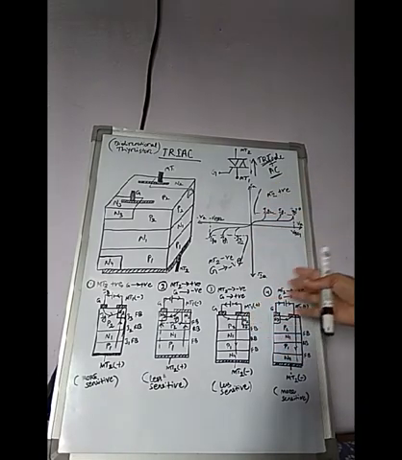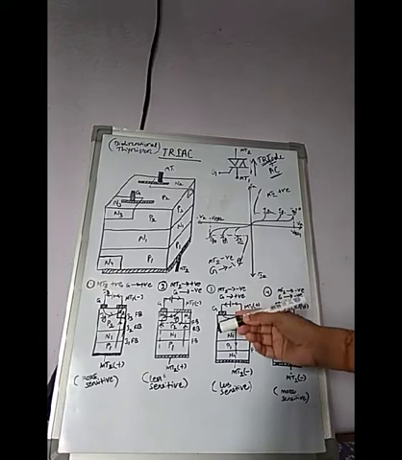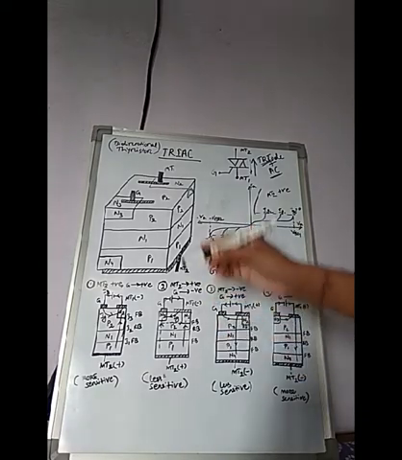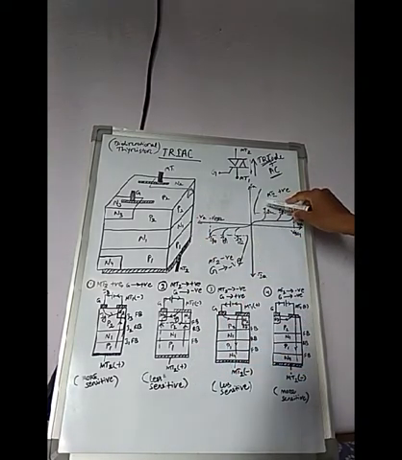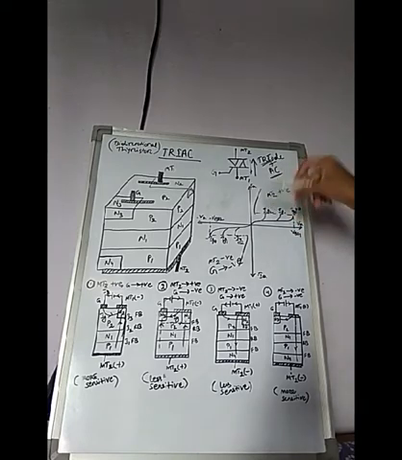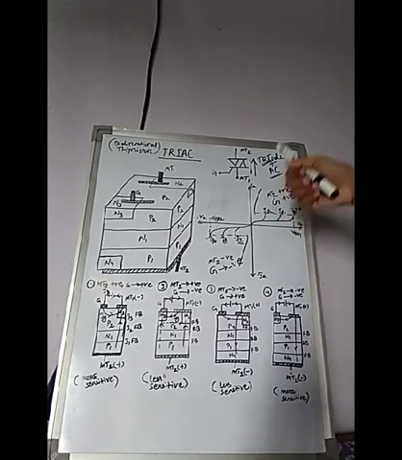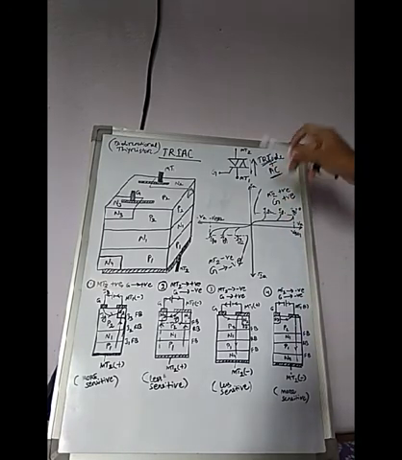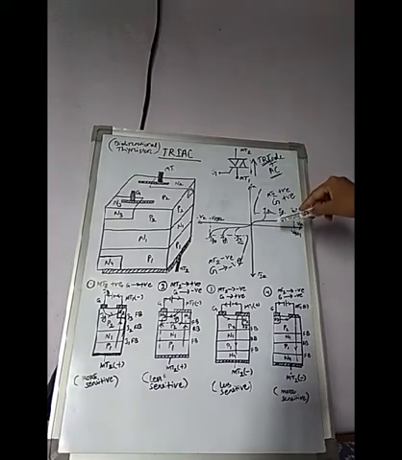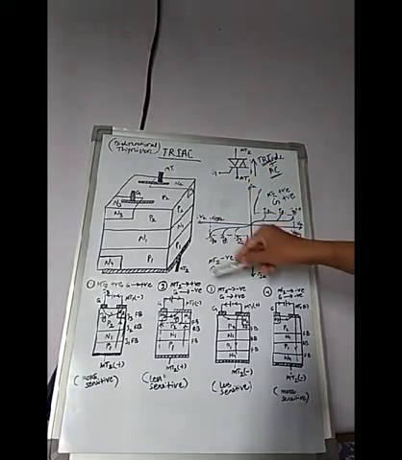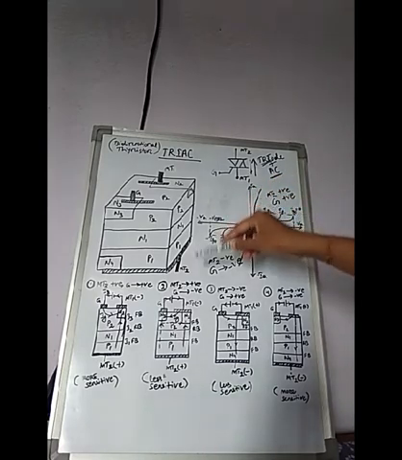Okay, so from all these modes of operation we conclude that the sensitivity of the triac is greatest in the first quadrant when turned on with positive gate current, and also in the third quadrant when turned on with negative gate current.